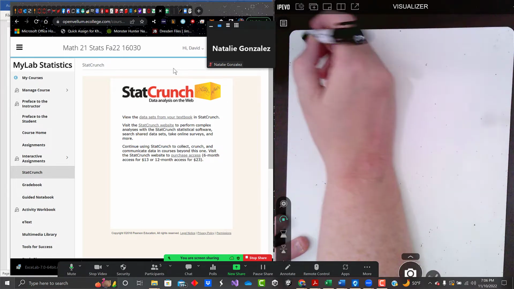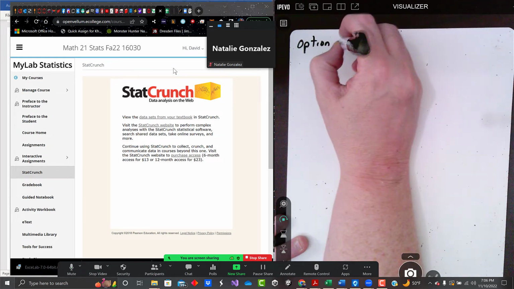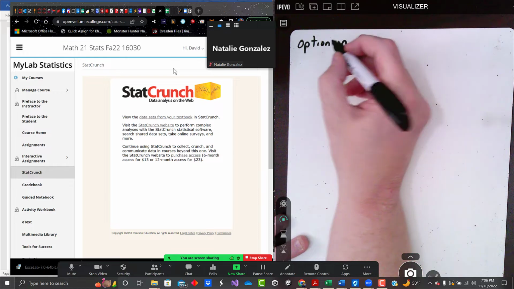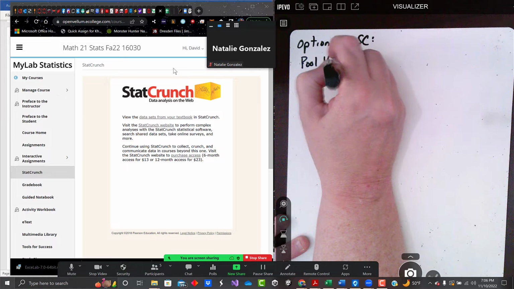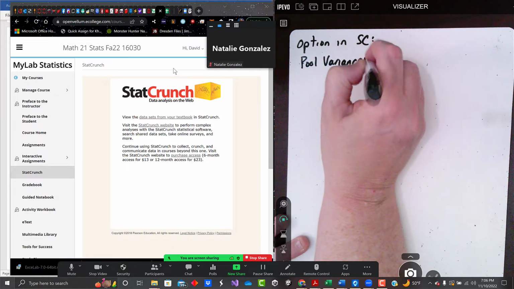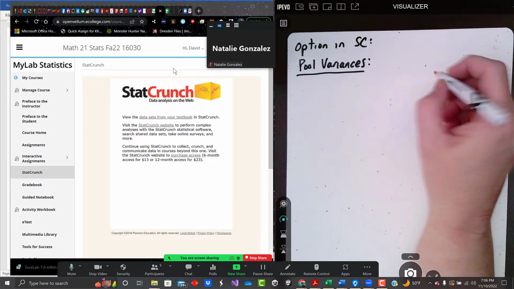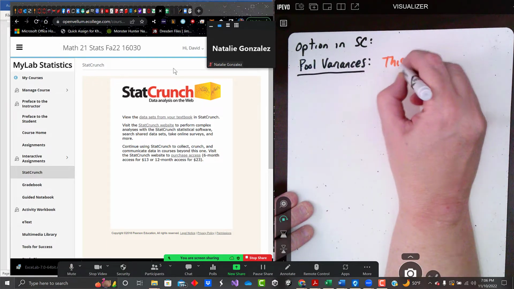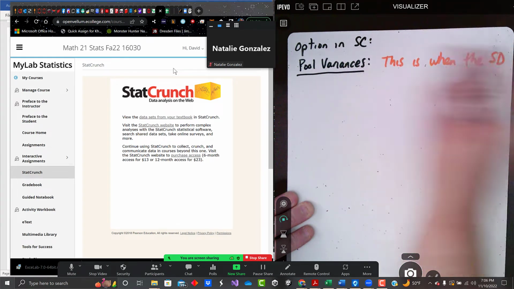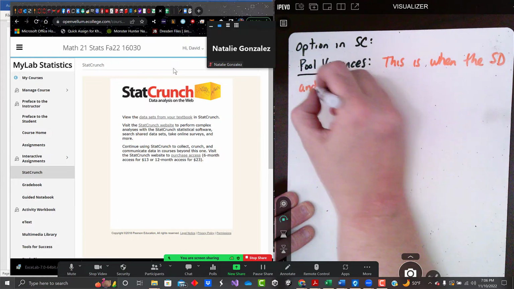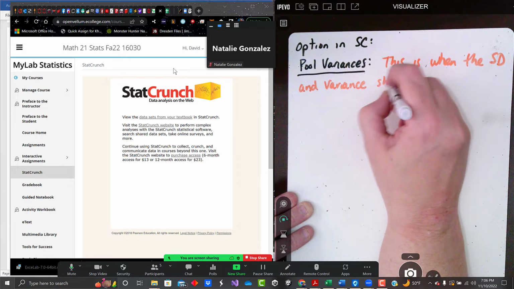There's one other option that's available in StatCrunch. When we do it, it'll ask you, do you want to pool variances? This is for when the standard deviation and variance should be the same for both groups.